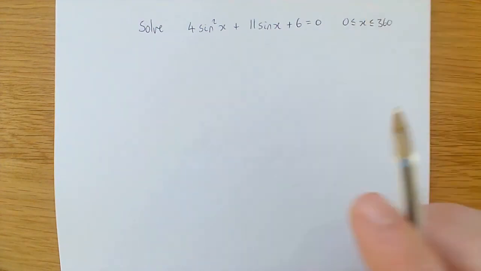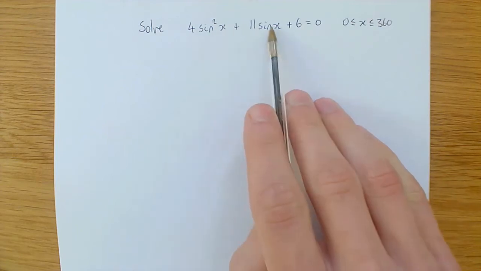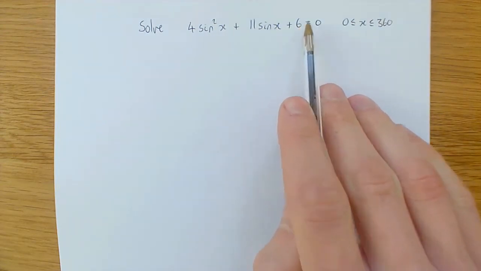Now, this may not look much like a quadratic, but we've got a squared term, a term without a squared, and a term with no variable at all.